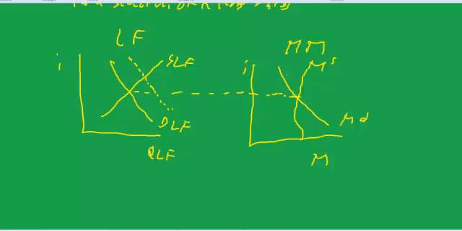That raises the interest rate, and we want that rise in the interest rate to show up in the money market diagram. Since the money supply is fixed, the only thing we can do is shift the money demand up.